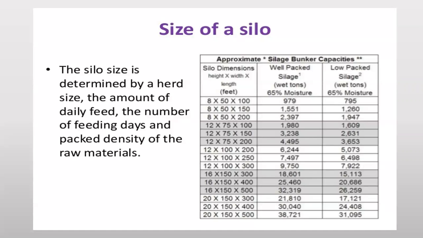Here you can see the size of the silo pit, and you should go through this PowerPoint and try to understand what the size of the silo pit should be. It depends on the requirement, herd size, etc.